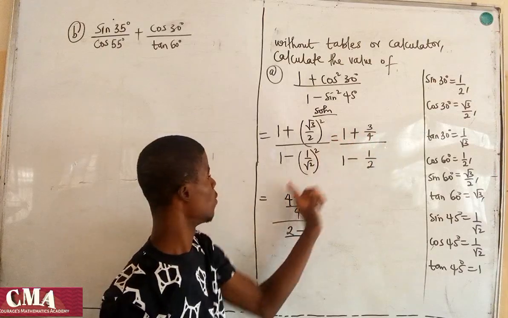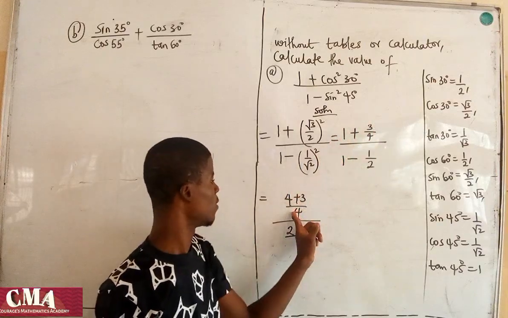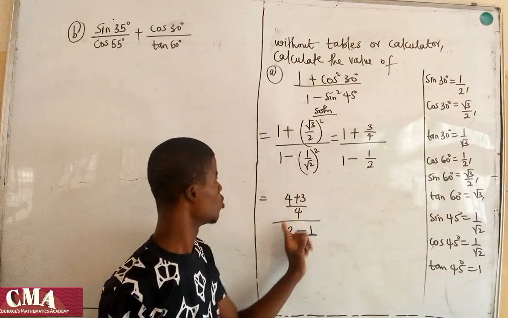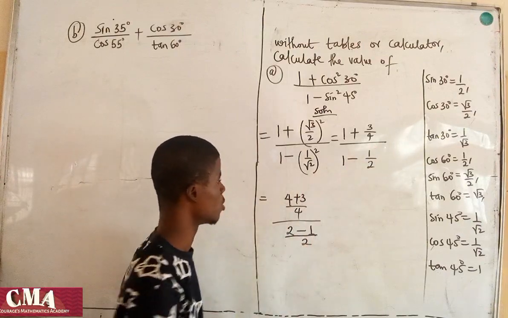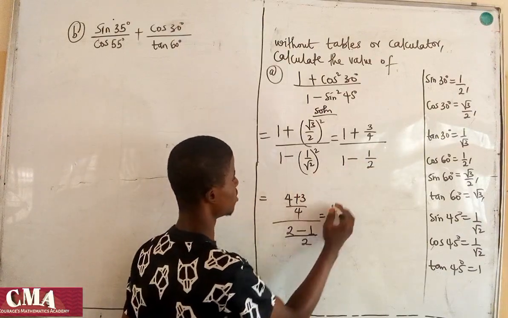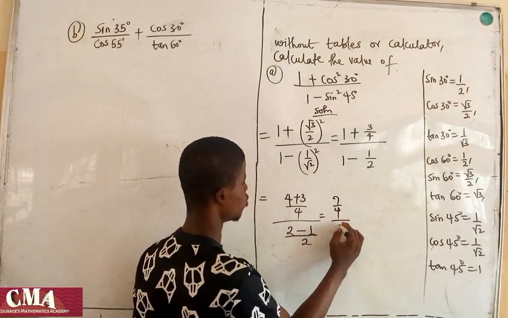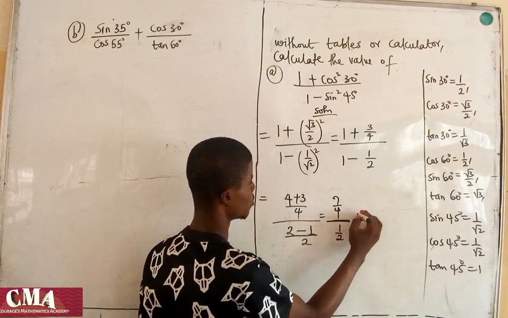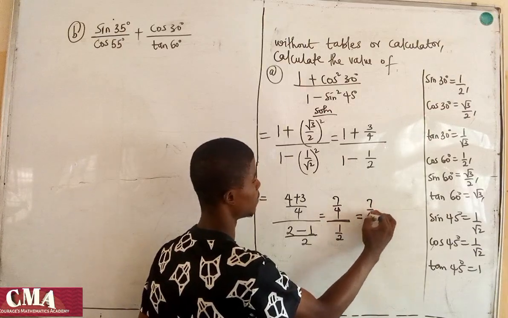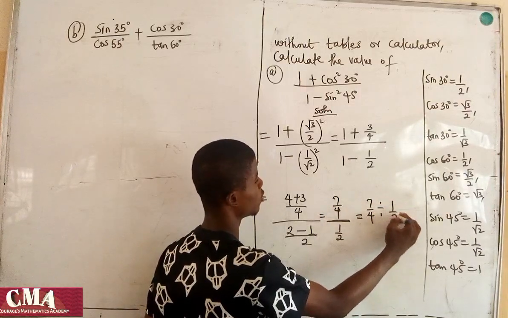So this gives us 4 plus 3 is 7 over 4, divided by 2 minus 1 is 1 over 2. So this gives us 7 over 4 divided by 1 over 2.